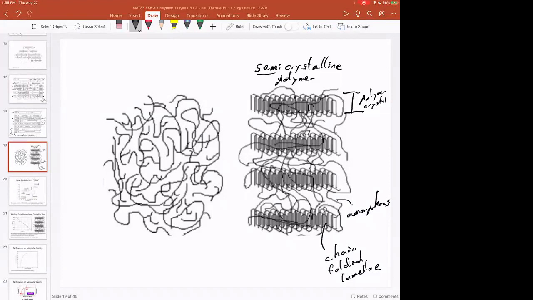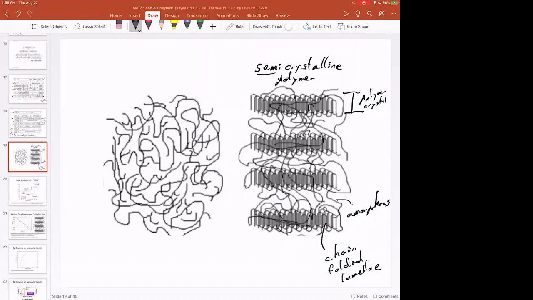So we will always call them semicrystalline, and that implies that there's both amorphous and crystalline parts in this semicrystalline polymer. That's an important distinction because the behavior of a polymer crystal is different than the behavior of an amorphous part of a polymer.